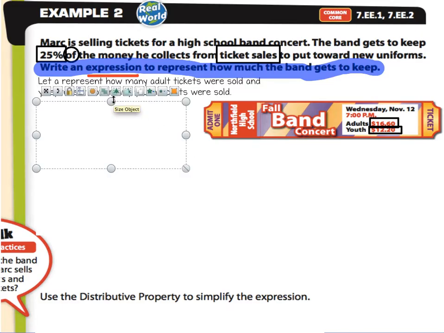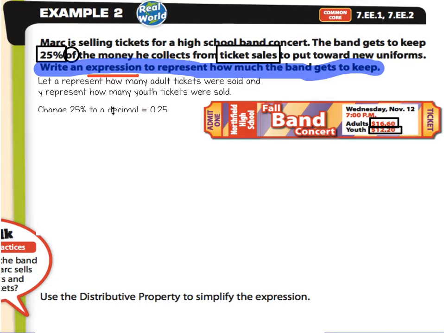So then I also need to think about, what am I looking for? Well, I want 25% of the ticket sales. So if I want 25%, I know that 25% first has to get changed to a decimal. So I swing that decimal twice to the right and I get 25 hundredths.